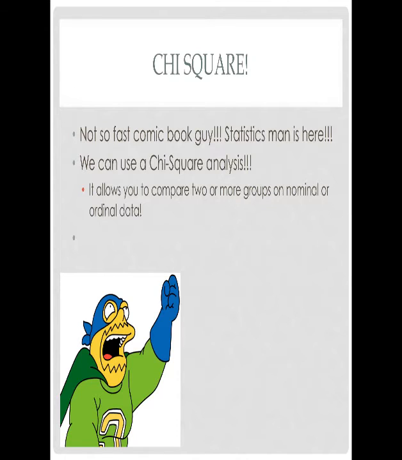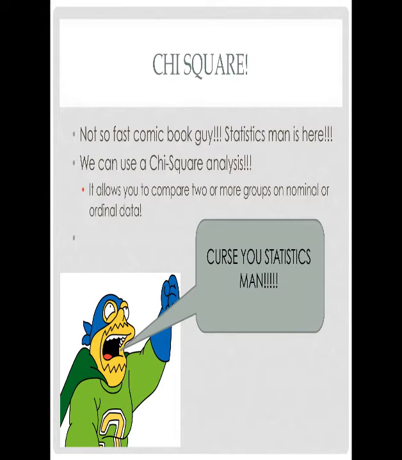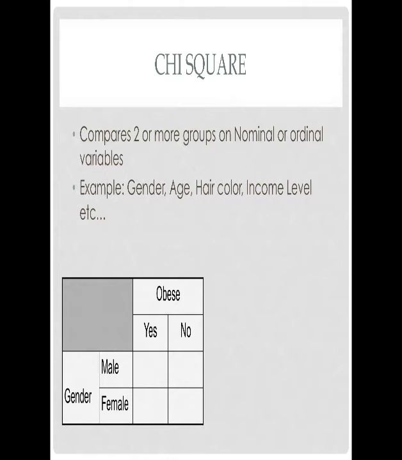So chi-square is a test that we use to analyze anytime that we are dealing with non-parametric measures, specifically when we want to find associations between categorical variables. And this is how it looks. So try to imagine you're looking at obesity, right?